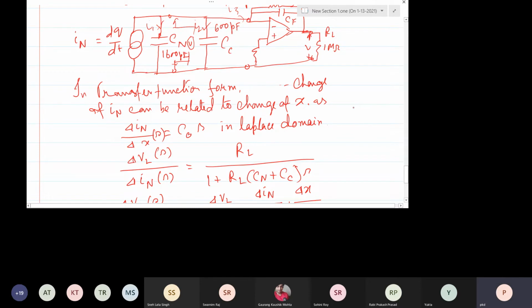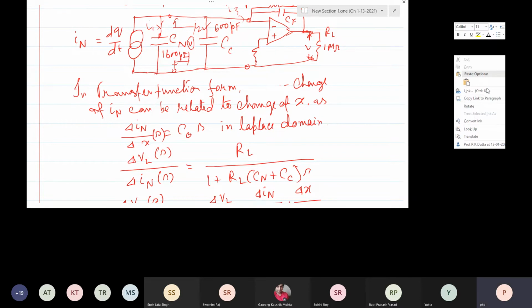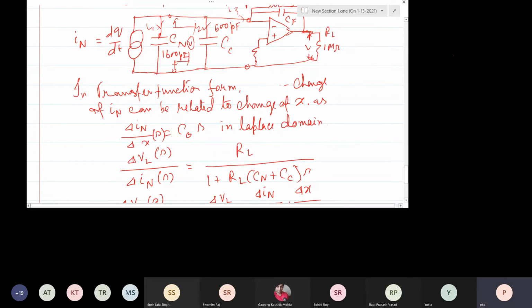Okay, so this output voltage, sorry, output voltage is I into RL.